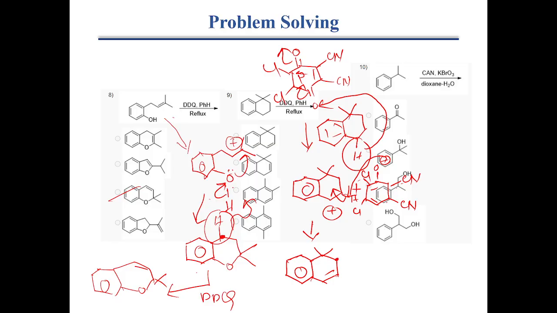Now this position is allylic due to this double bond. This is the allylic position. We all know allylic and benzylic carbons are oxidized in presence of DDQ. So now there is a possibility of a hydride transfer mechanism.